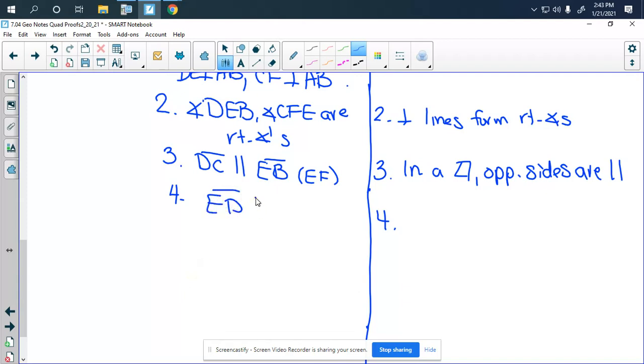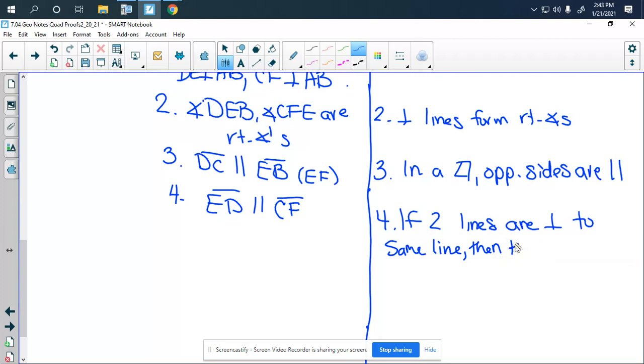So now I can say segment ED is parallel to segment CF, and this one we don't use as often in our proofs, but if two lines are perpendicular to the same line, then they're parallel to each other. So now I have both pairs of opposite sides parallel to each other.